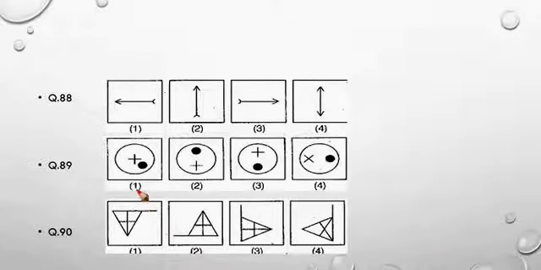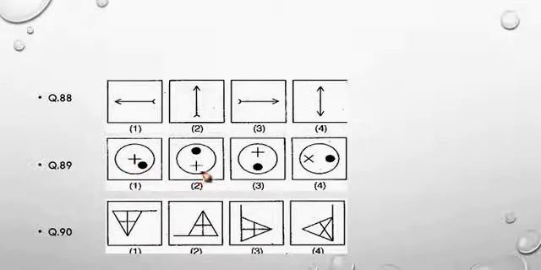Let's go to question number 89. In 89 there are 4 options given. In each of the options there is a circle inside which there are 2 mathematical symbols. One is a plus, the other one is a black dot. In option 1 there's a plus sign and a dot.